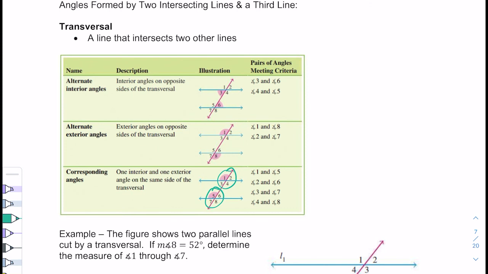Something that's special about these angles is, if the two green lines are parallel to each other and the transversal intersects them, those angle pairs will all be congruent to each other. So I'm going to make a little note here that's really important. If the lines are parallel, the angle pairs will be equal to each other.